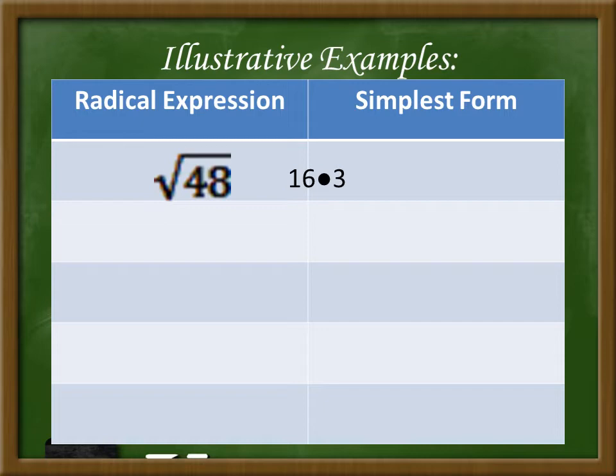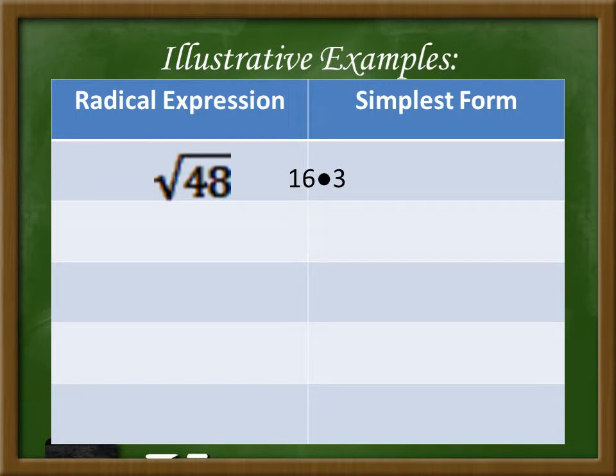So how do we simplify square root of 48 using these factors? Get the square root of 16. What's the square root of 16? Okay, correct. It is 4. And then the remaining 3 will be inside the radical sign.